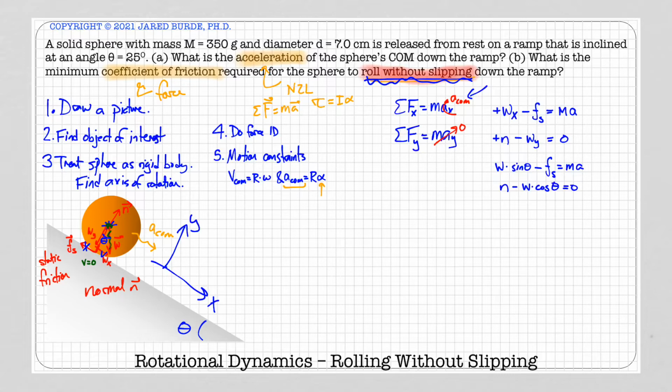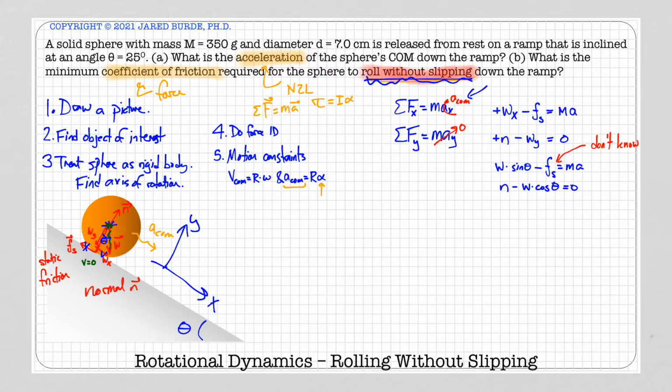So we also need to consider our rotational motion, because this object is not just sliding; it is rolling without slipping. And honestly, here we don't know what this force of friction is. We know that static friction has a maximum amount, but friction here could be any value.